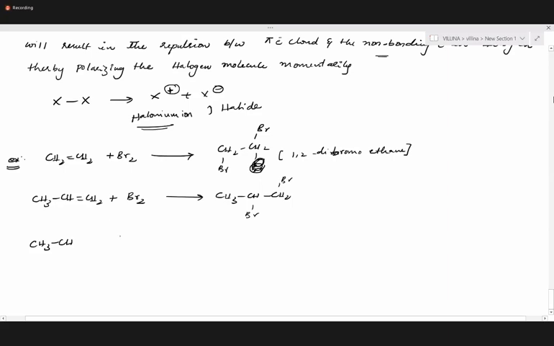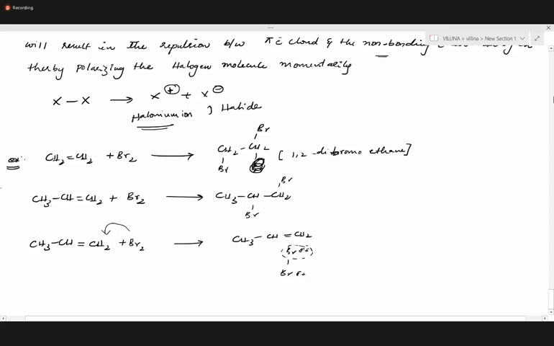We have an alkene, CH3, CH double bond CH2. When the bromine molecule attacks our alkene, there will be polarization. So the bromine bond will have delta plus and delta minus, and this delta plus will approach the molecule first.